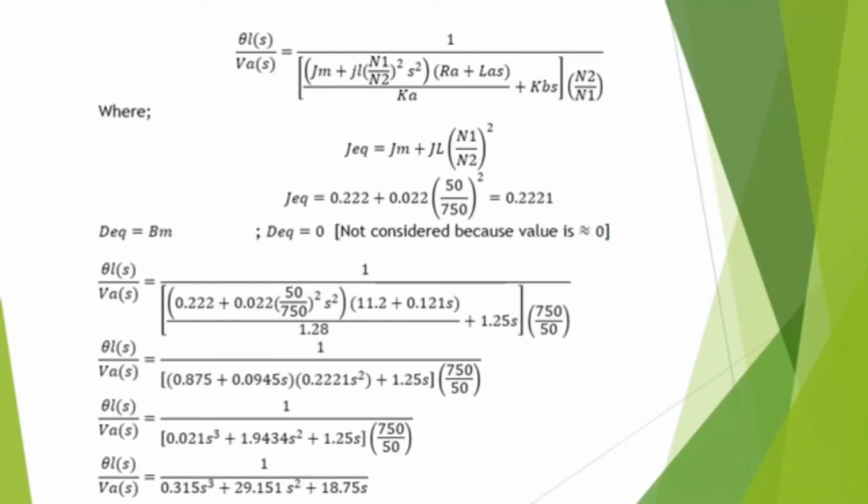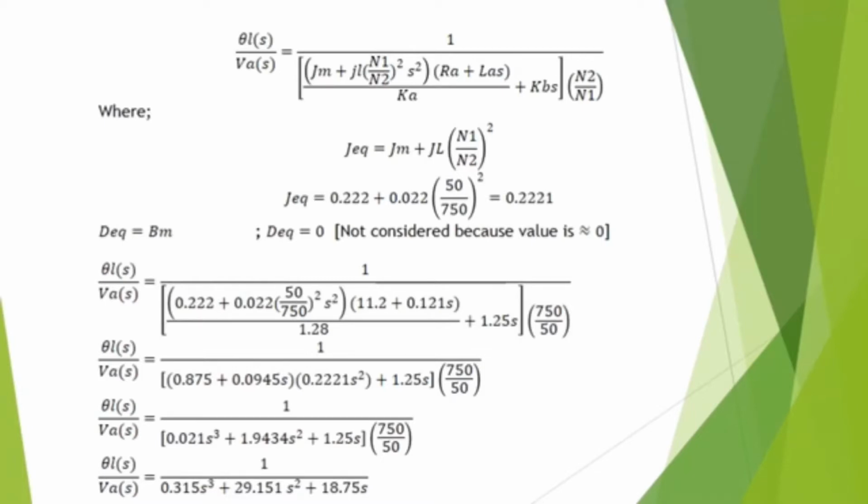As from the equation above, we want 1 as a numerator, so we divide by KA at the denominator. We know that JEQ equals JM plus JL multiplied with N1 over N2 squared.